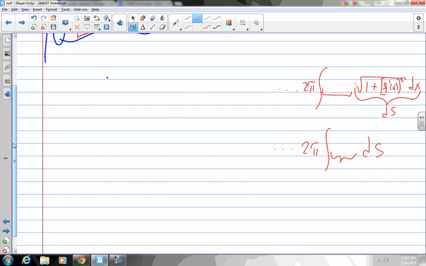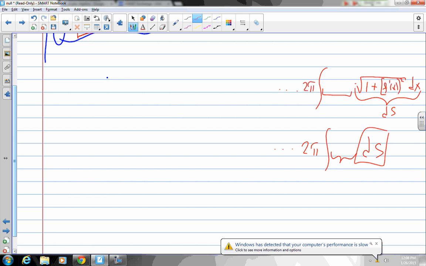The cool thing about the arc length is it's irrelevant whether you're doing the arc length with respect to x or with respect to y, you're getting the same arc length. So before we had problems that were easy to set up with respect to x but hard to set up with respect to y. Here we won't care. We'll be able to almost set them all up with respect to the arc length, and then our integrals will simplify dramatically, which you might not appreciate in this class, but in Calc 3, you are in Calc 2, in Calc 3 you will probably have a little, how many of you have been through Calc 3?